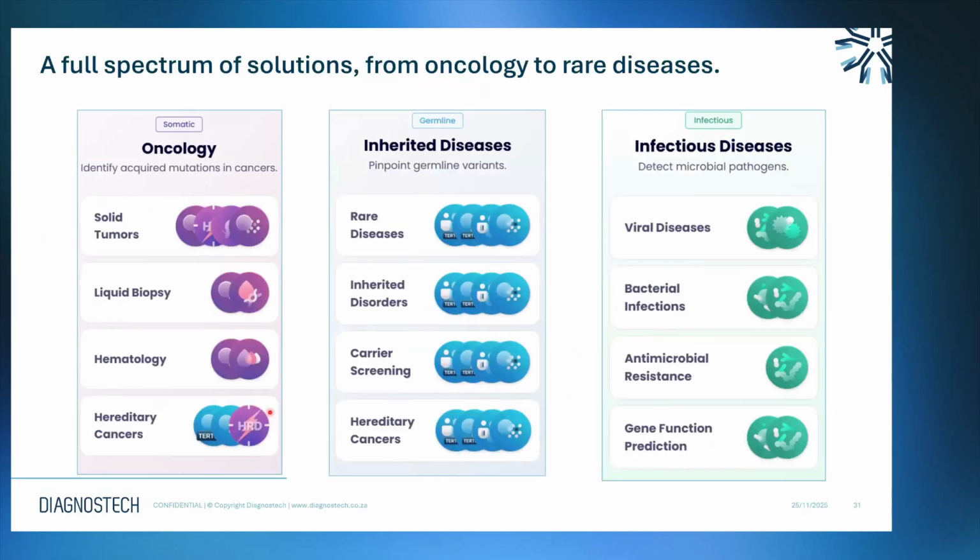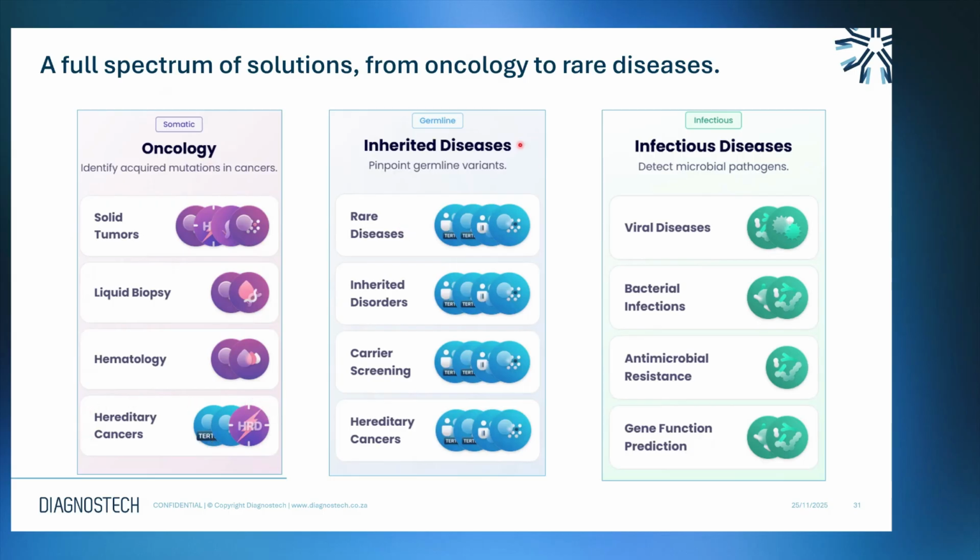So when we look at their current solutions, they really have quite a full spectrum from oncology to rare disease. Starting on the left here, these would be some of their somatic pipelines, and these are obviously used in oncology to identify mutations in tumors. So we have the solid tumor pipelines, liquid biopsy pipelines, the hematological pipelines, and then hereditary cancers.